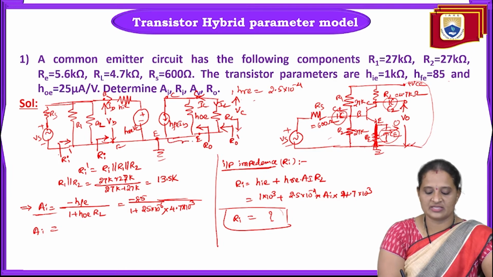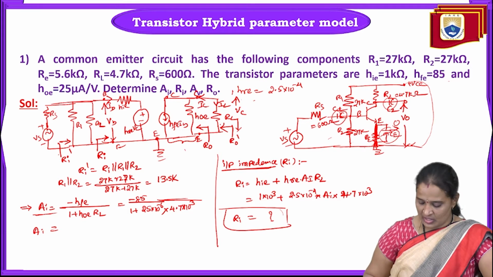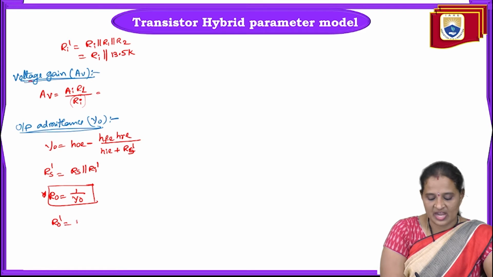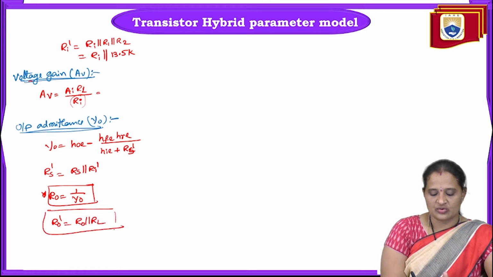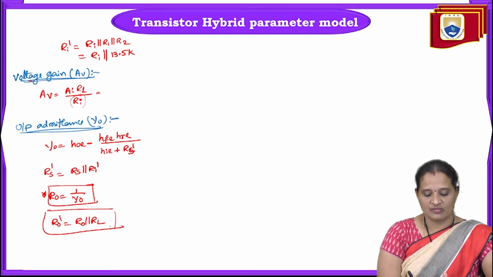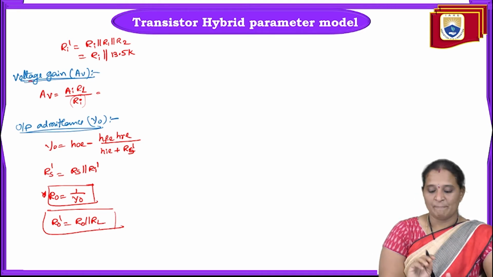If I replace this entire thing with R0, this R0 will be in parallel with RL. Hence the overall output impedance, that is R0 dash, can be calculated as R0 in parallel with RL. So from this you calculate R0 and just take the parallel combination of R0 and RL.